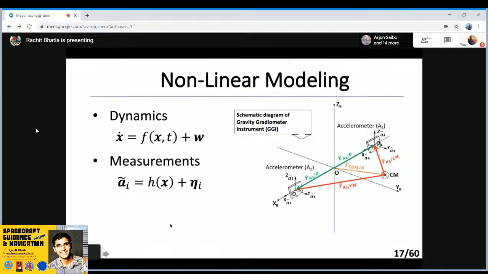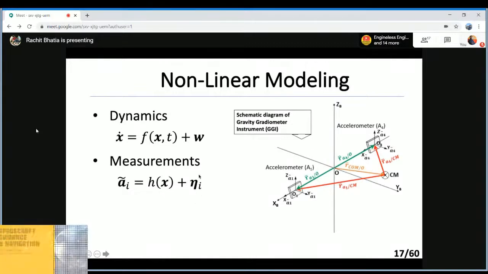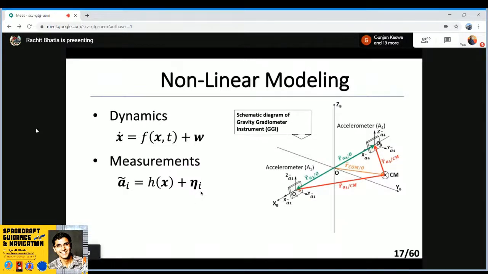The second model is the measurement model. Over here, I have the accelerometer measurement, which is a function of the state vector, and then I add measurement noise. For any sensor, there will be some measurement noise acting on it.